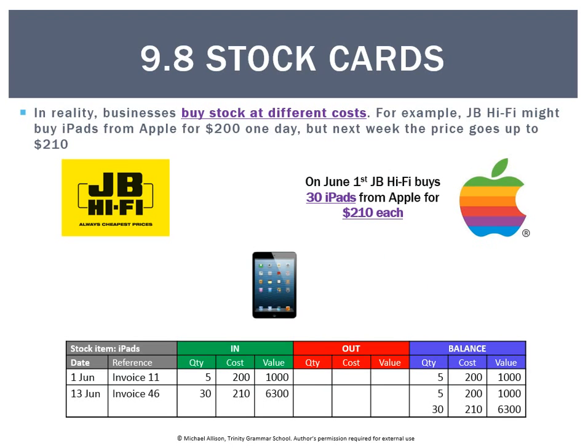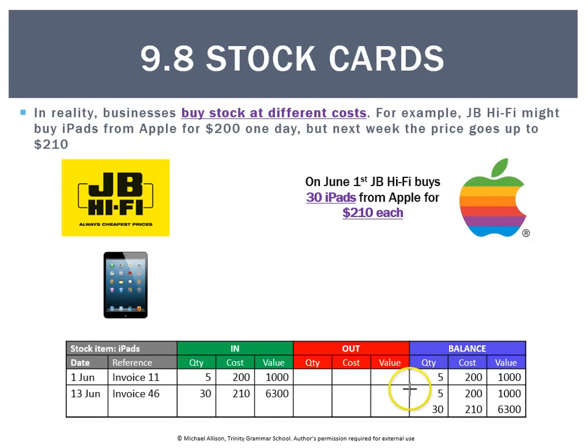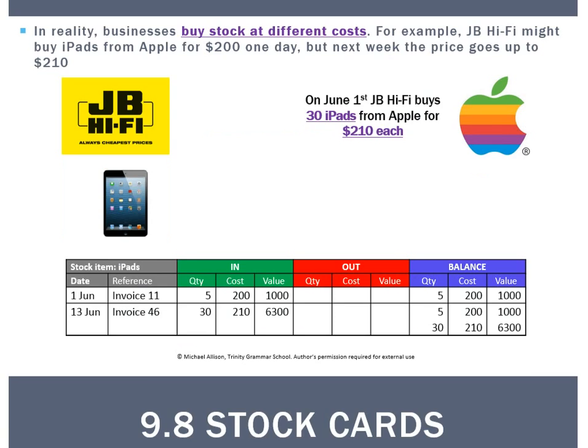Well, we've got another coming in, in this case 30 units at $210 for a total of $6,300, and then in our balance column, we actually put them in FIFO order. So the ones that were first in were the $200 units, so they'll go first: 5 at $200 for $1,000, and then the 30 at $210 for $6,300.